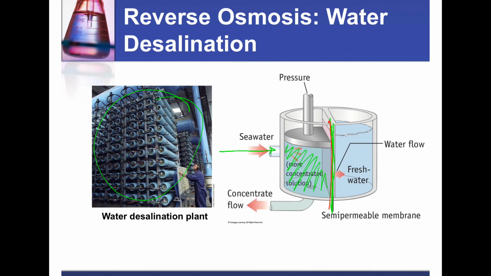And then they apply a great pressure to this, and it pushes down on the solution, and the water molecules go through the semi-permeable membrane and they filter out the fresh water. What's left is a really concentrated brine solution, and they pump this out. They do that again and again, and that's the way they can filter fresh water from seawater. So they can use reverse osmosis for water desalination.